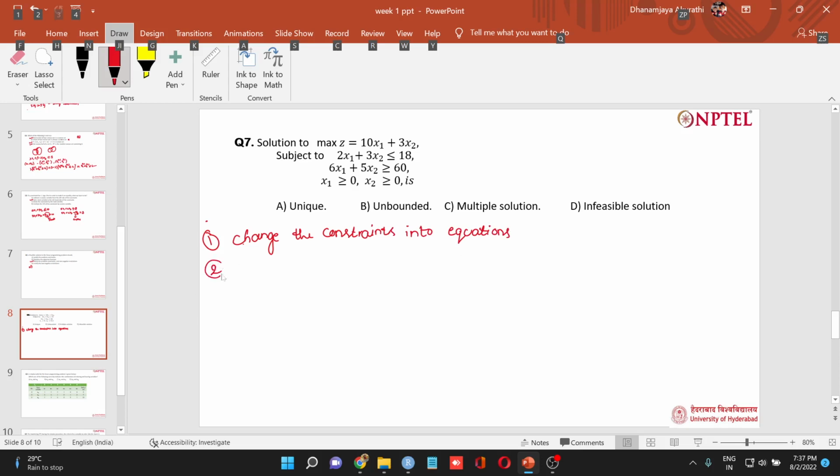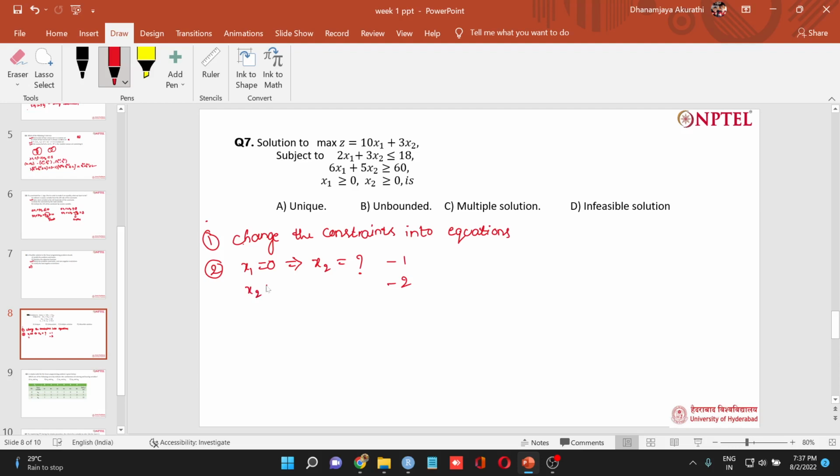Next, for all those equations, we need to find the points to plot the graph. That means first we assume one variable is 0, then solve for the other variable from one equation, and in the same way for the other equation.